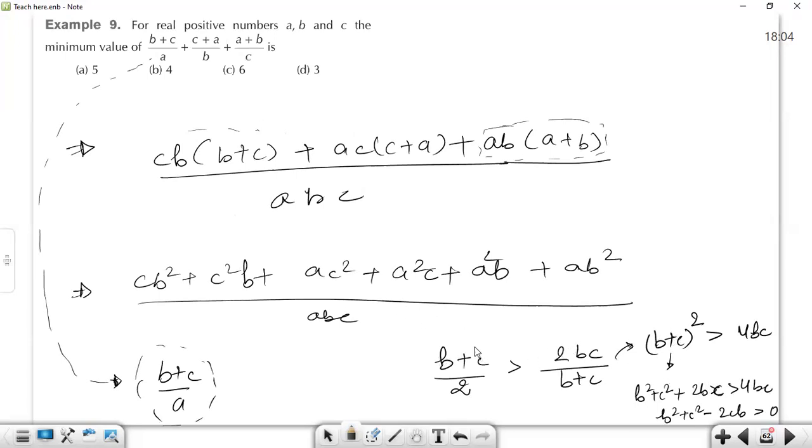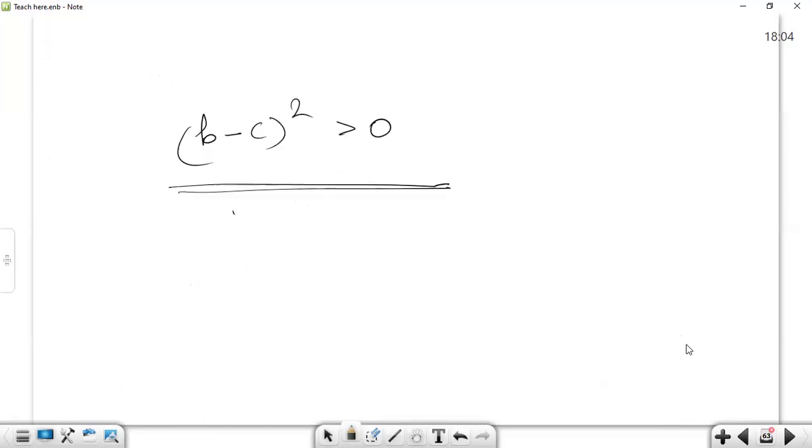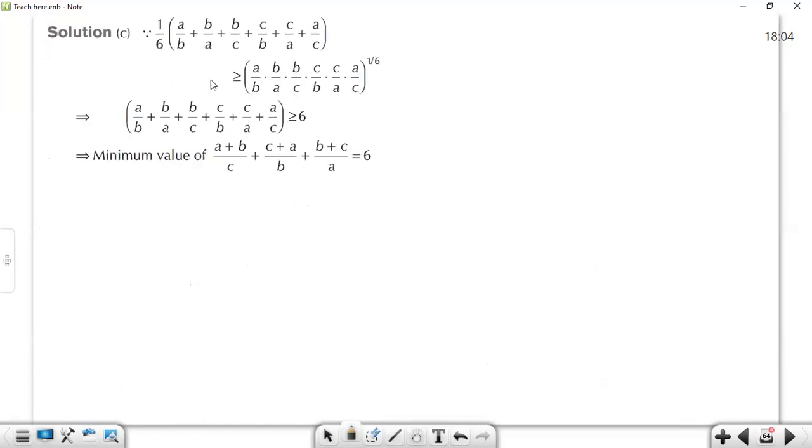So let's now discuss this term. Let's refer to the solution. That was just a better representation.